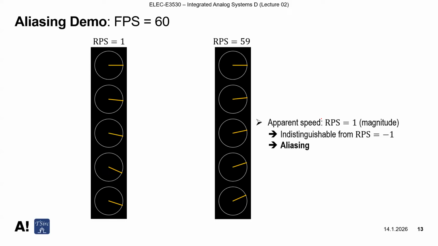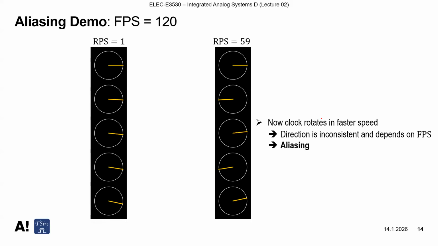So it is indistinguishable from RPS equal to -1, because it looks like it is traveling in the other direction with the same magnitude. This is not the true speed that we want to observe.